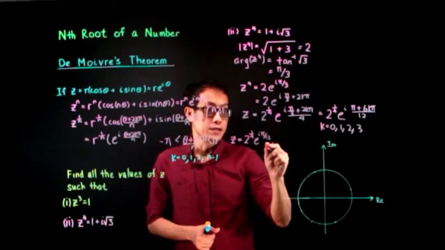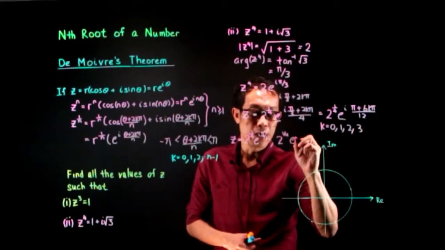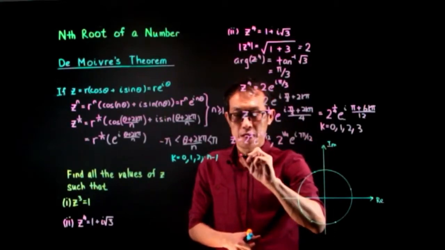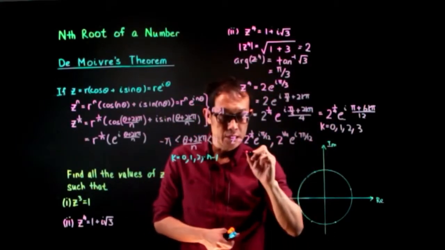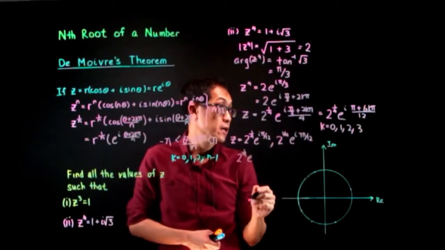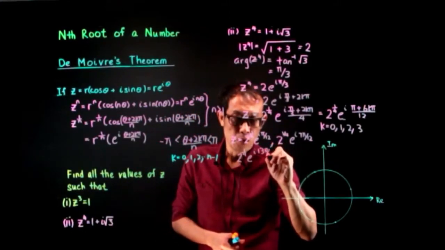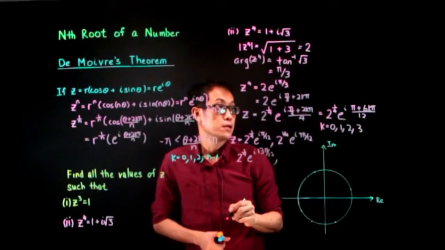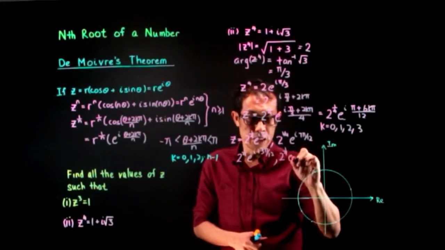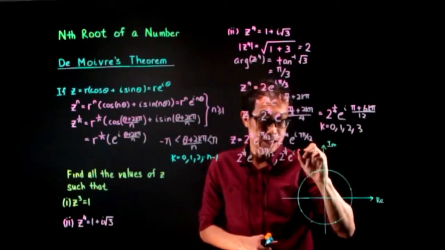You put 1 inside, it is 2 to the power of a quarter e^(i 7 pi over 12). You put 2 inside, you get 2 to the power of a quarter e^(i 13 pi over 12). And the last one, you put 3 inside, so 3 times 6 is 18, 18 plus 1 is 19, giving 19 pi over 12.